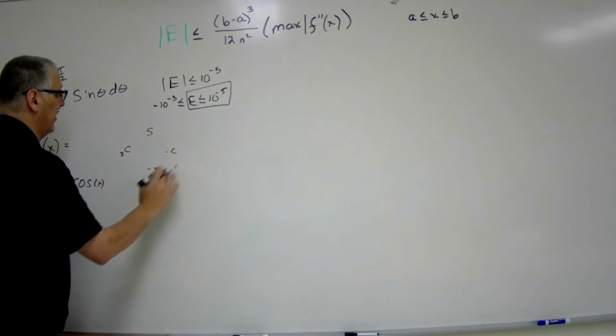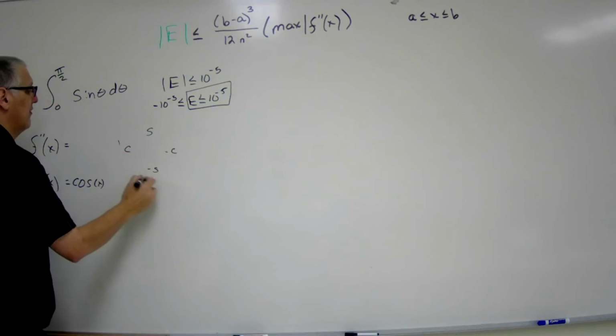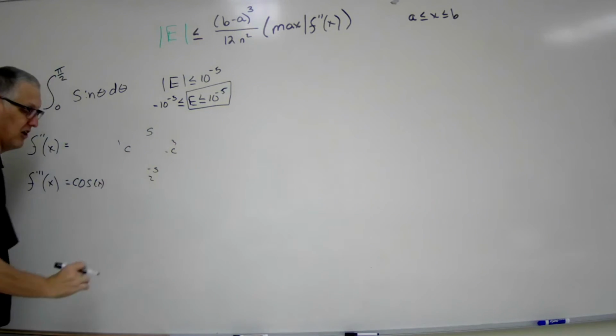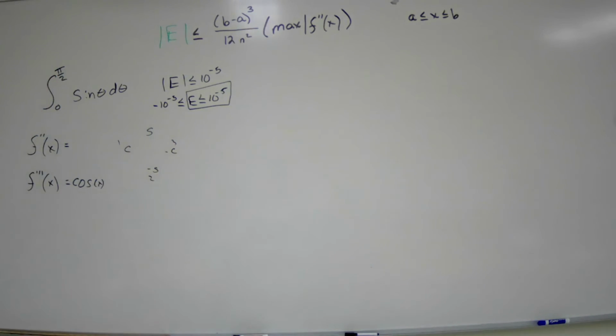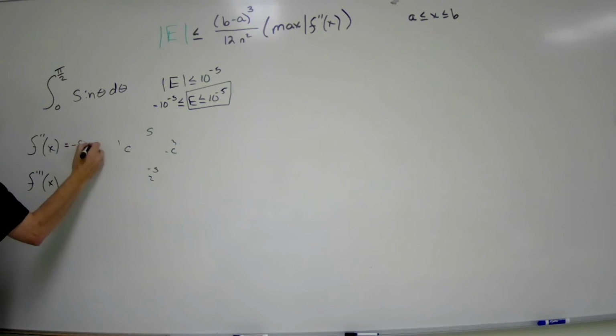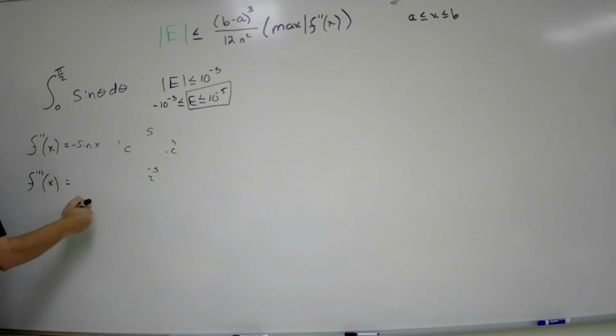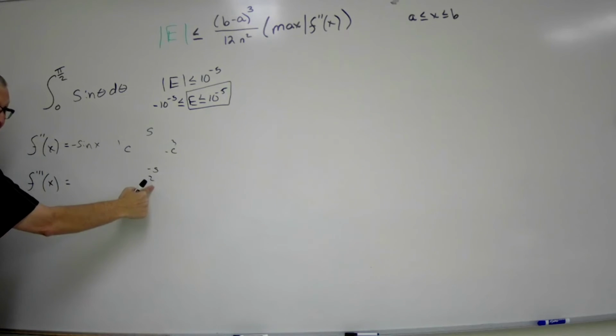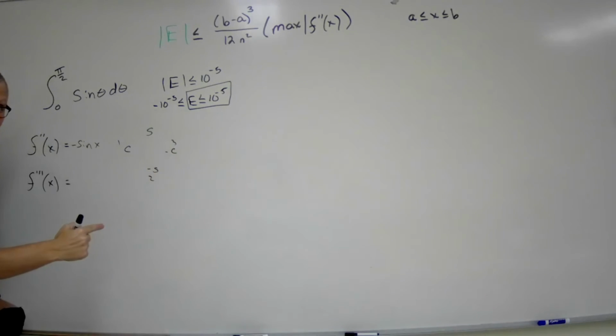I'm going the wrong way, not the integral. Good God, starting this problem out good, ain't it? All right, the second derivative is negative sine. No, the third one. The second is negative sine. The third one is negative cosine.